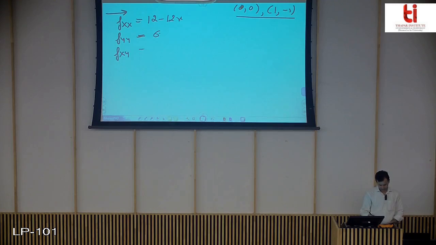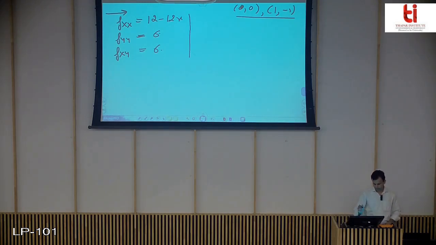For that we must now switch to second order partial derivatives. Before that, we first find the partial derivative with respect to x, that is 12 minus 12x. With respect to y, this is 6, and with respect to x and y, that is again 6. So these are the values you get when you take the second order partial derivatives of f.